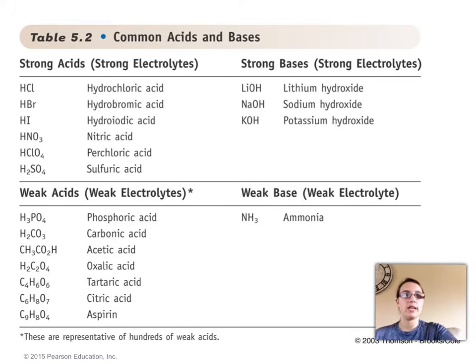One thing to make note of is ammonia, NH3, a very, very common weak base. Anything that is not a strong acid is weak. So these are just some. You can have HF, you can have quite a few different weak acids. Anything that is not strong is weak.